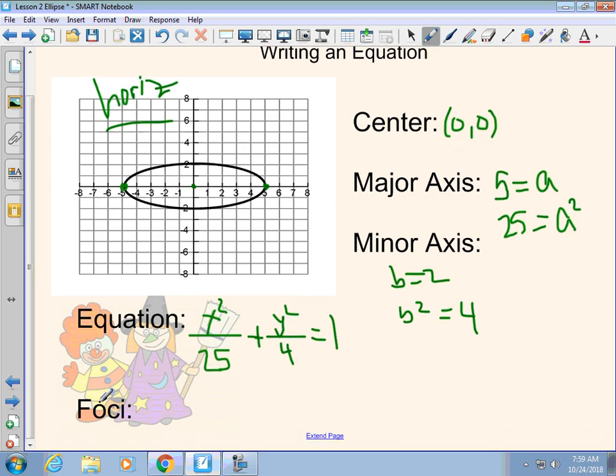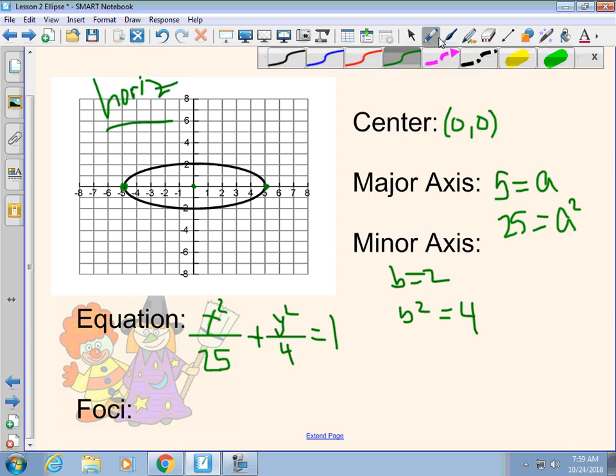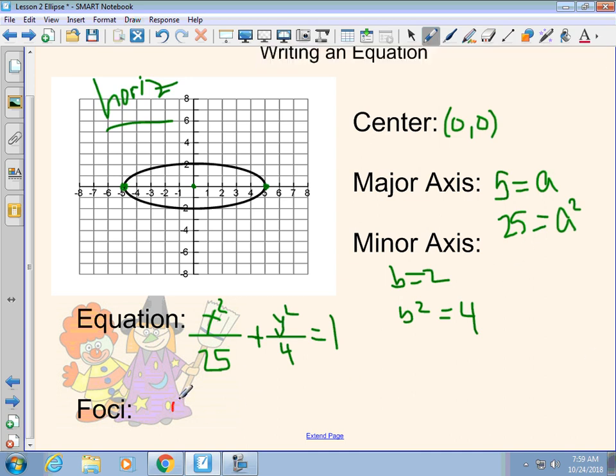Now again, if we were trying to find the foci here, okay, we would use a squared minus b squared. So we're going to do 25 minus 4, which gives us 21. And then that equals c squared. So the foci itself, we're going to be adding and subtracting the square root of 21.